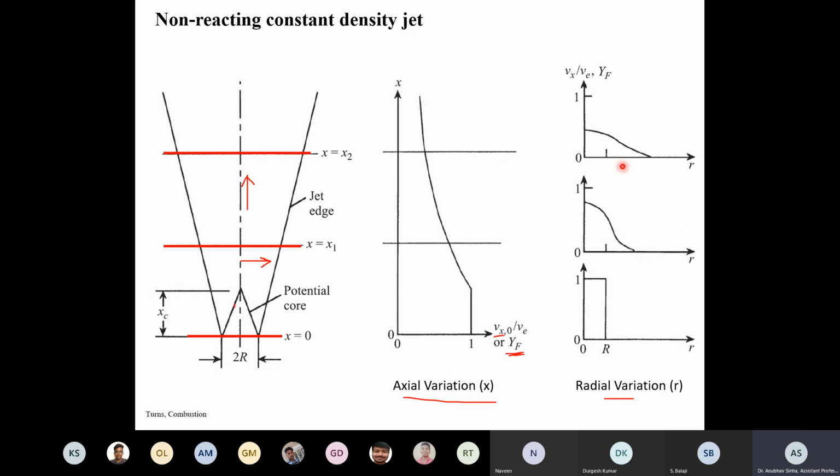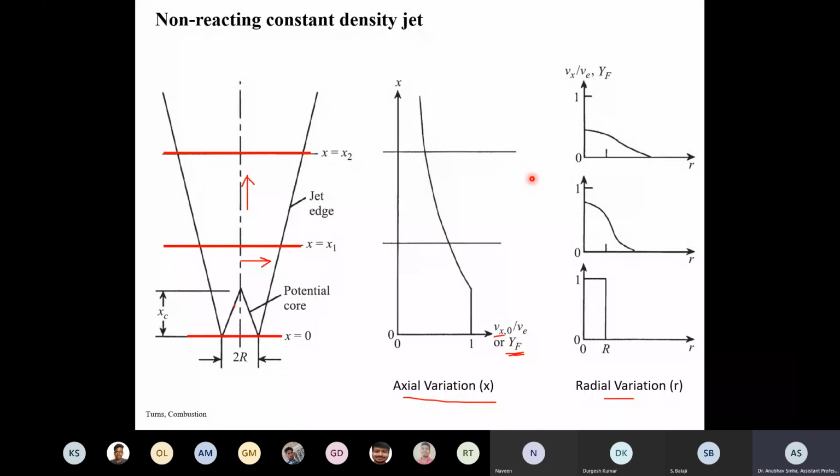And similar thing as you go up, if you cut here, then again you have a flatter profile. So the fuel is basically spreading out. Right? Everyone is clear with this plot? Yes, sir. Now this is about non-reacting jet.